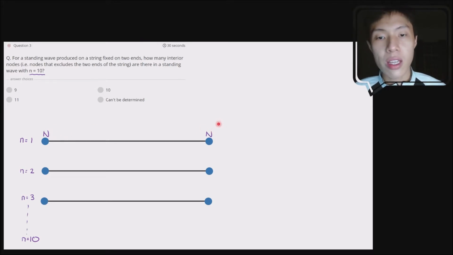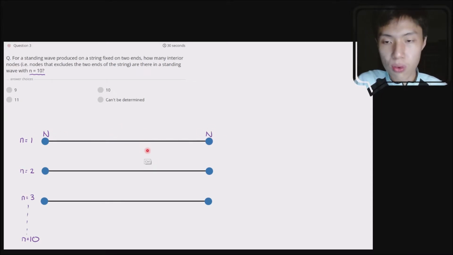In between two nodes, you must have an antinode in the middle. The simplest way of making a standing wave is to include one antinode in the middle. Right now, you cannot form a standing wave because you cannot have two nodes side by side. To create a logical standing wave, you must have an antinode in the middle between the two nodes.